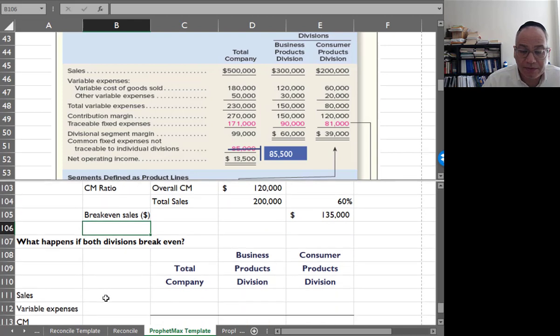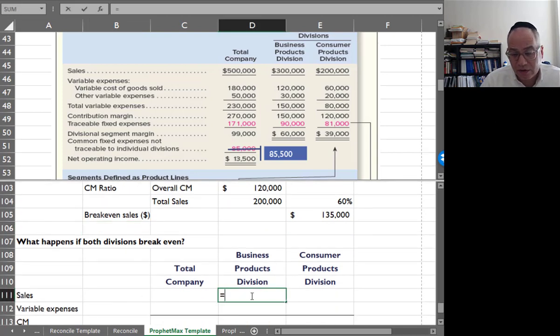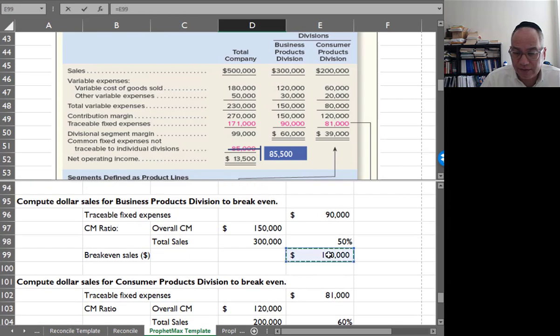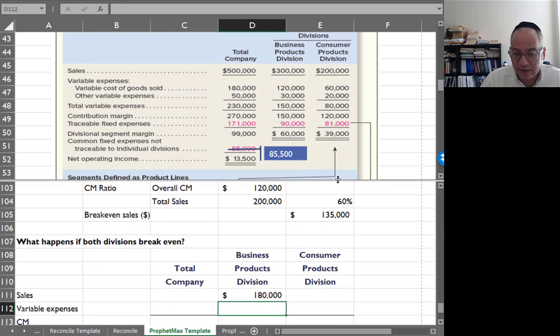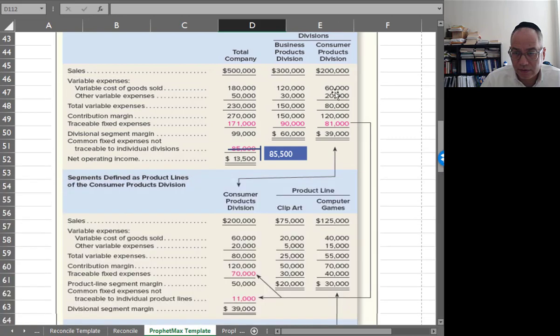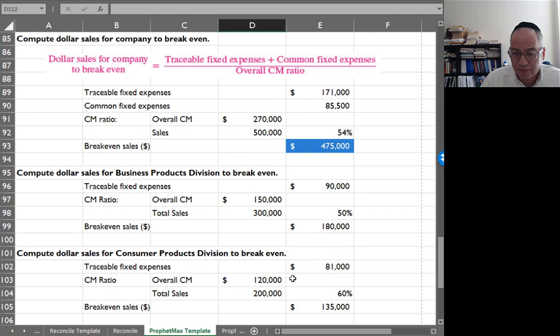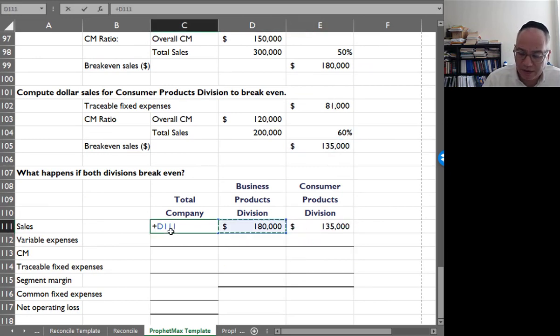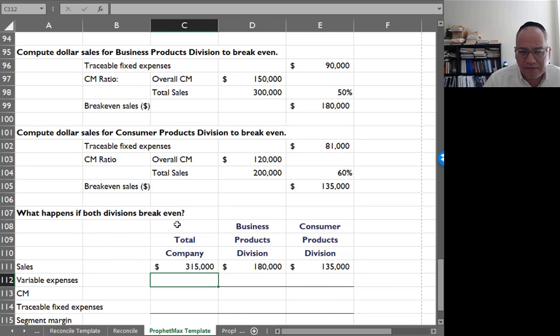So what would happen if they both broke even? The business products division would have break-even sales of 180,000. The consumer products division would have break-even sales of 135,000. So that would be a total of 315,000. I could figure out variable expenses in two ways, and I'm going to work back through it.